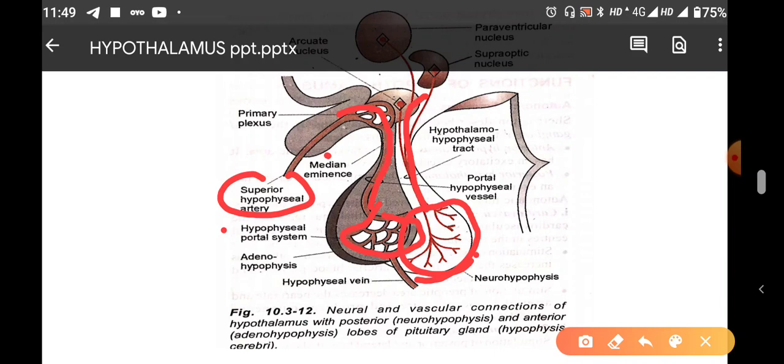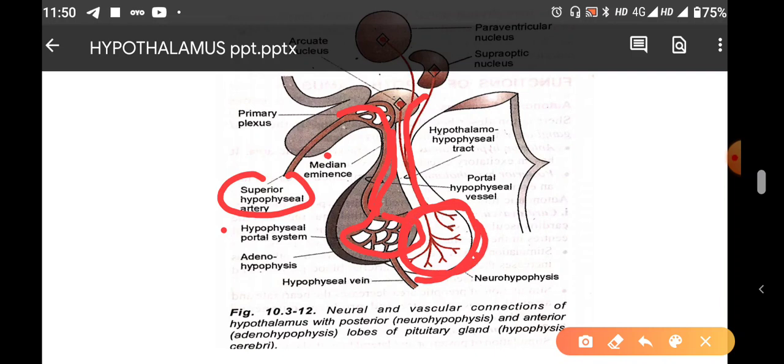The neurons of these hypothalamic nuclei synthesize certain releasing and inhibiting factors, which are conveyed in membrane bound vesicles by the tubero-infundibular tract to the hypophyseal portal vessels. These hormones are carried by the portal vessels to the anterior pituitary, that is the adenohypophysis, where they regulate the secretion of anterior pituitary hormones.